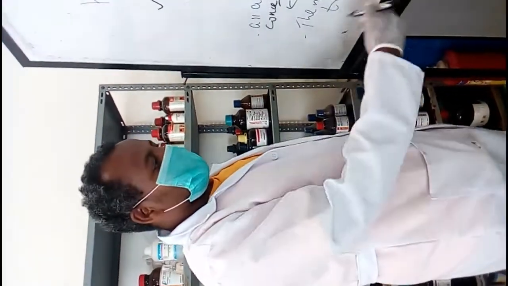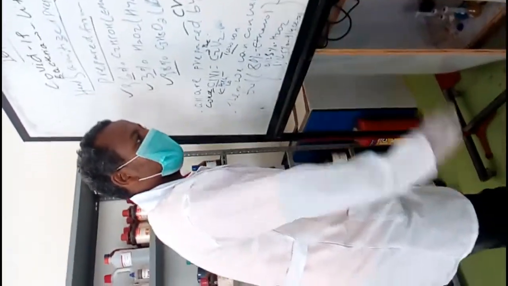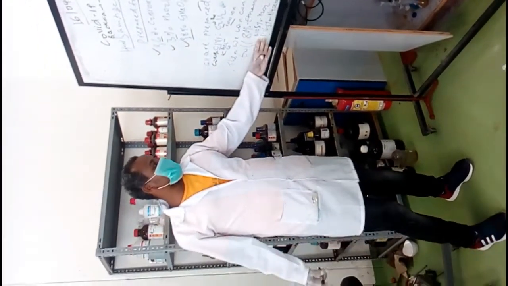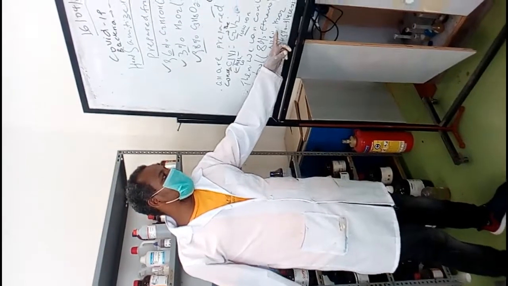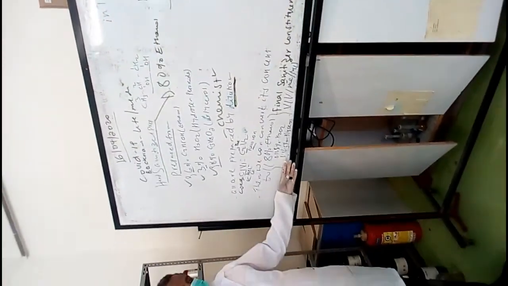Here, all these percentages are expressed in terms of volume ratio, that is, in terms of ml per ml. That means the final sanitizer is constituted of 80% ethanol, 0.125% hydrogen peroxide, and 1.45% glycerol, and these percentages are expressed in terms of volume by volume.